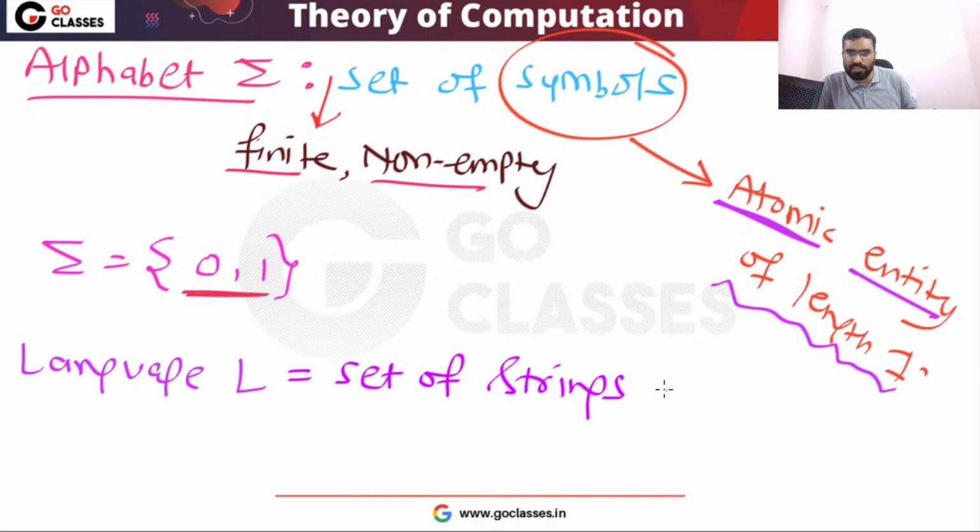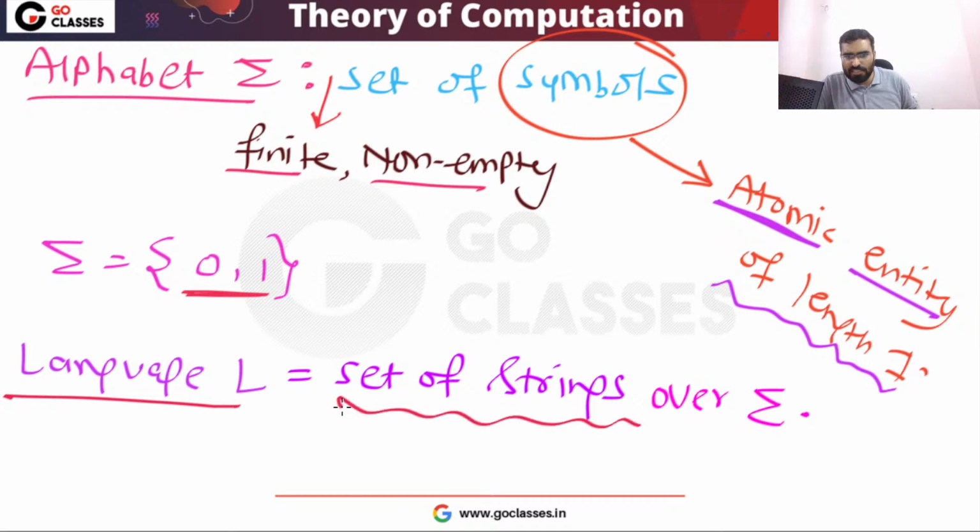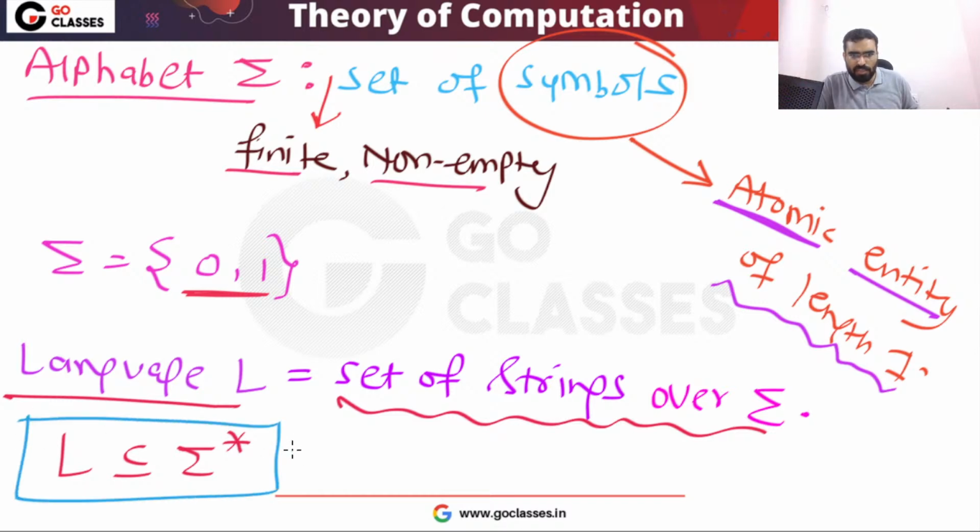It is any set of strings over sigma. Using this alphabet, using these symbols, whatever strings you can create. So language L is a subset of sigma star. This we already know. What is sigma star? Sigma star is the set of all strings. This is important. This is the set of all strings.